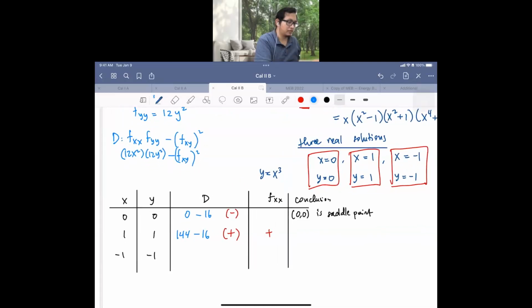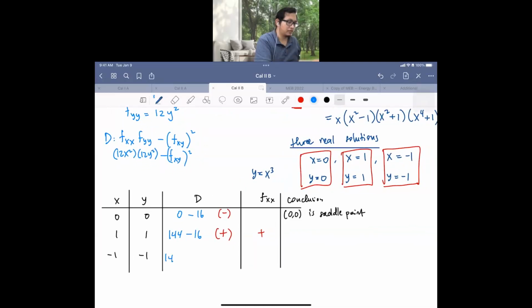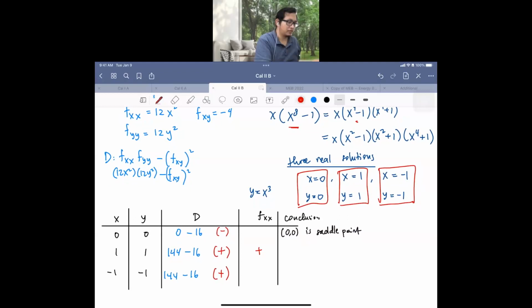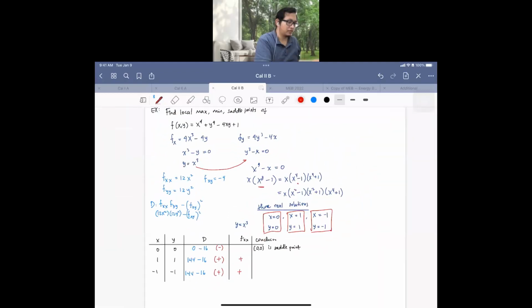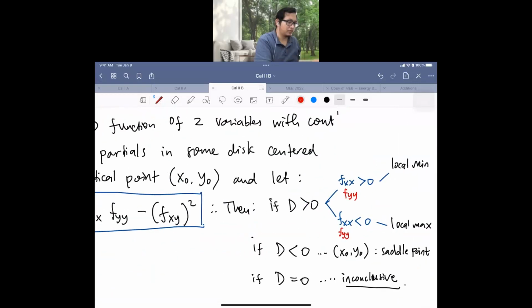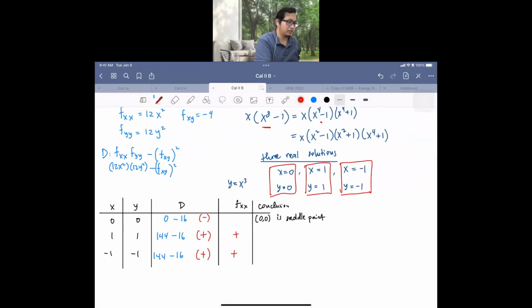And the other one is positive minus, since it's also positive, but this is also positive, right? So positive, positive, what does it mean? Partial xx, if we look here, we'll have a local min, right? So we will have that 1, 1 and negative 1, negative 1 are both local minimum.